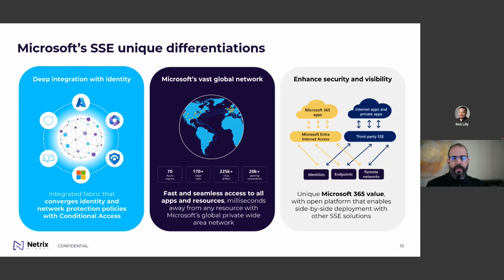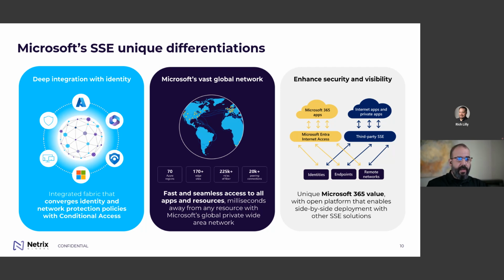This means we're considering identity, device, application, and now network as well as part of those conditional access conditions. This means it's really easy for us to unify and centralize all these policies together in one place, one point of control, and strengthen them with continuous access evaluation. This is where we can, on the fly, reevaluate and adjust those policies if conditions change.